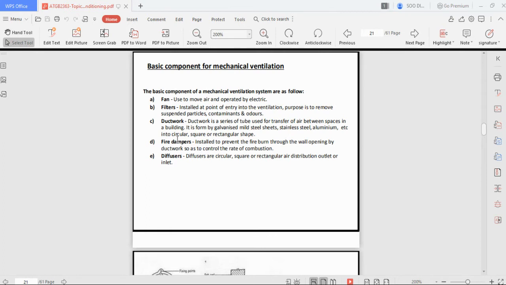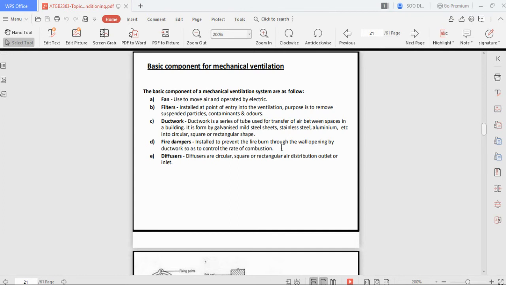So the fire damper will be installed at the wall of the room, parallel to the wall opening, so that if a fire occurs in the room, the fire will not spread into another room by means of the ductwork.